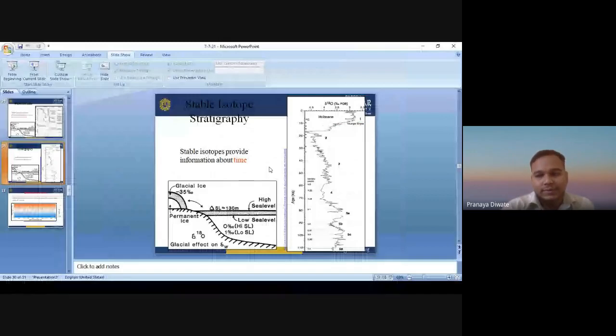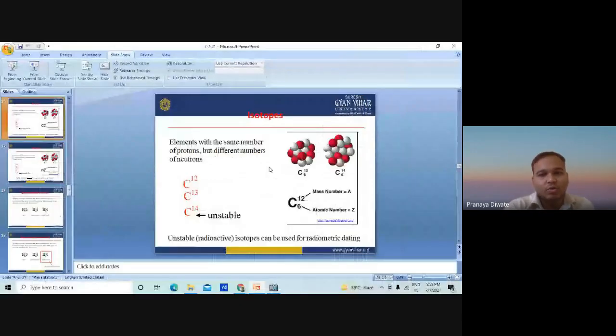So this is about the kinds of isotopes. You can study more about isotopes using different books and all.